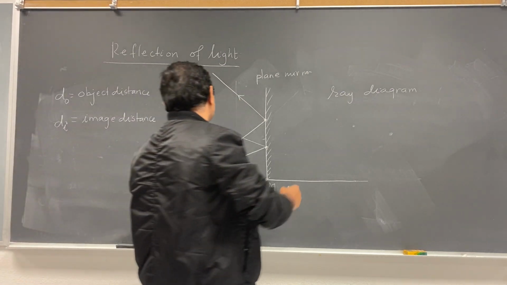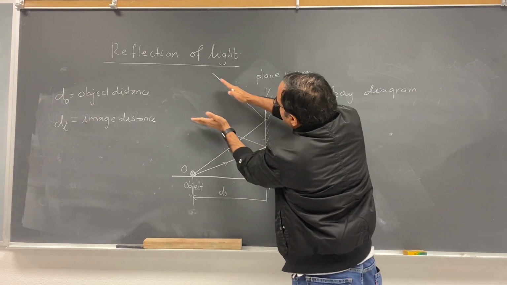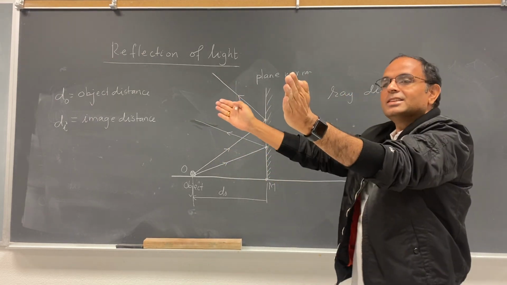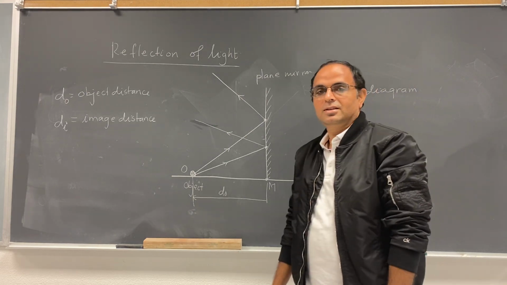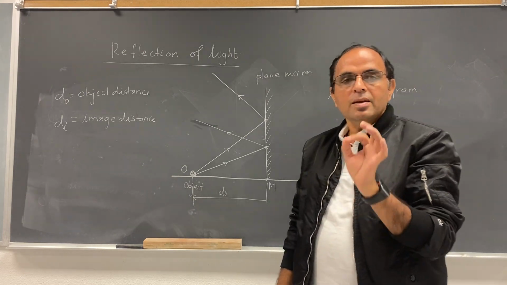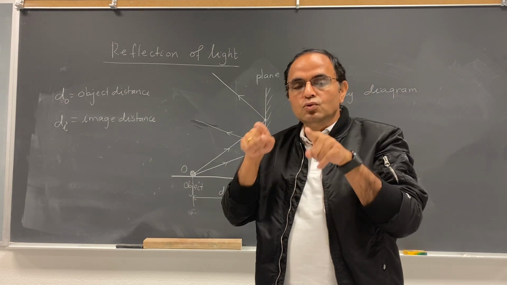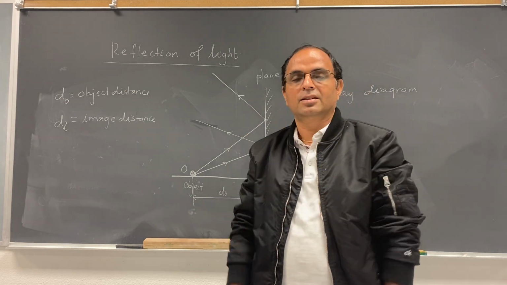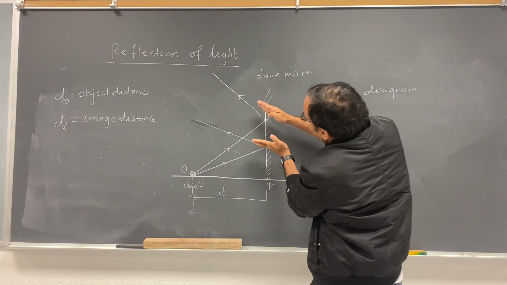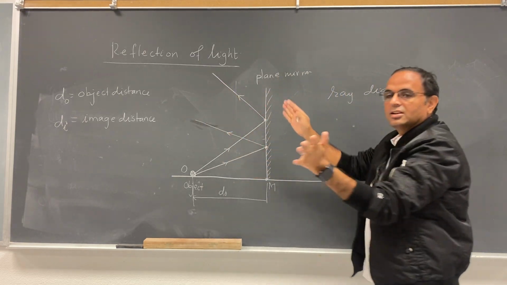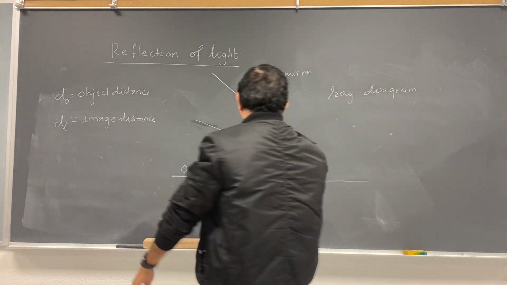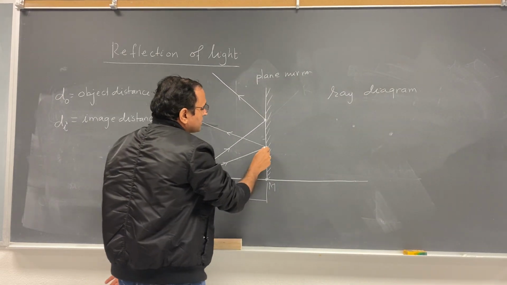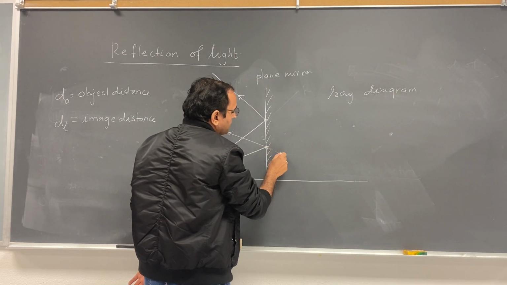Now look at this. These two reflected rays diverge like this. They never meet. So where is the image? To form the image, two rays must meet. But here these two rays diverge, so they don't meet. But what we can do here is extend these rays like this.